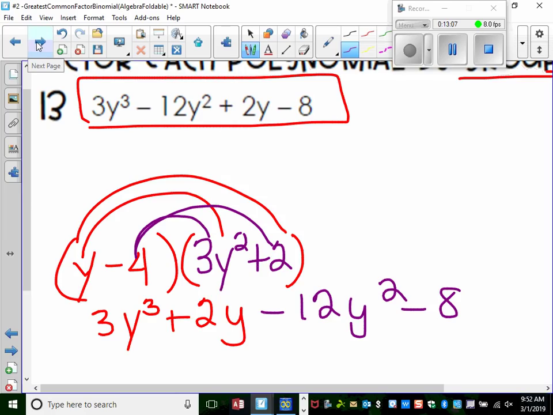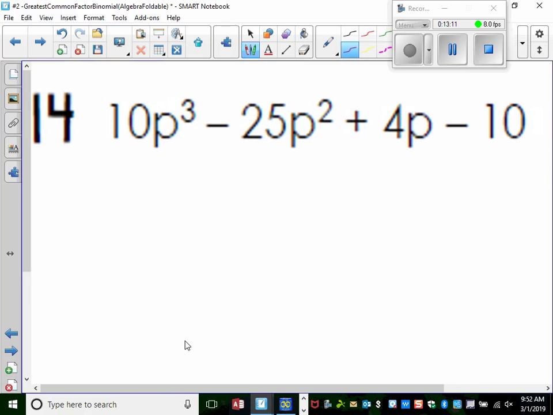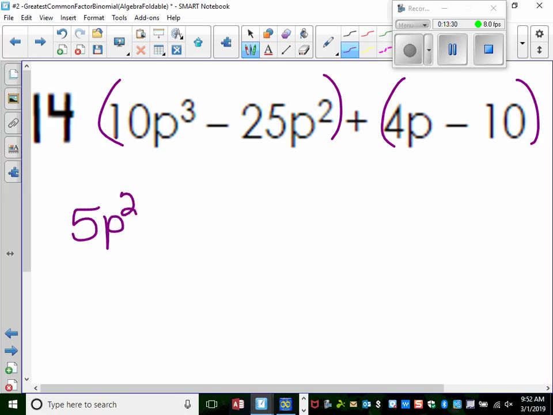All right, so let's take a look at this one. We're factoring by grouping. So we're going to group the first two, group the last two. Now we're going to pull the GCFs out of each set of parentheses. In the first set of parentheses, I'm going to have 5p squared.